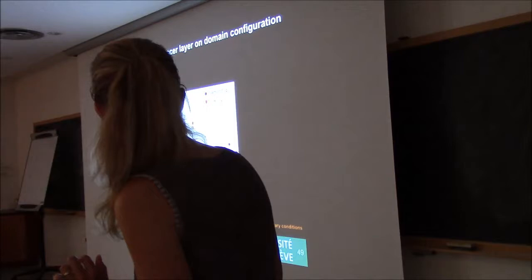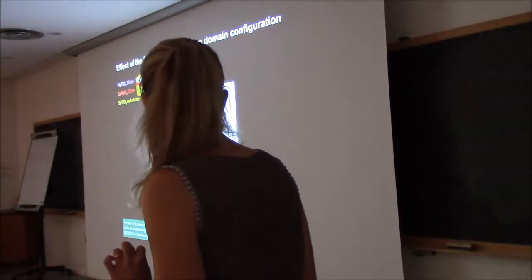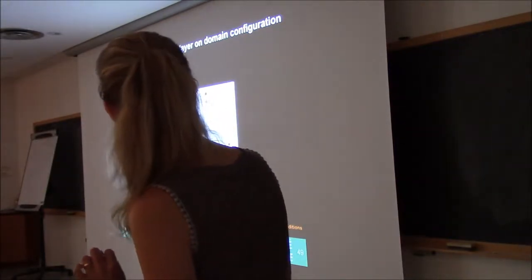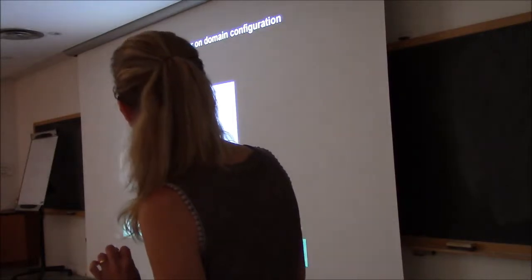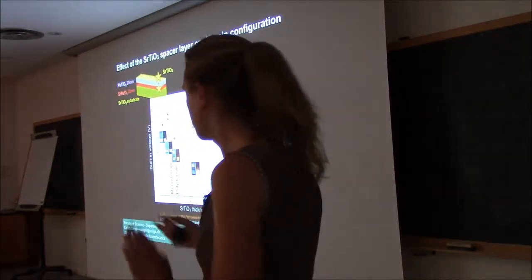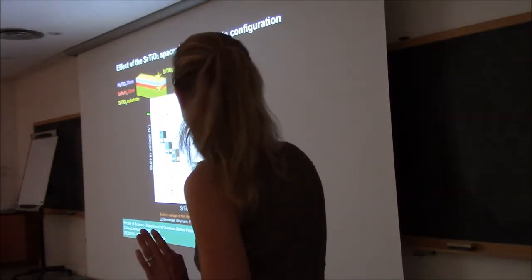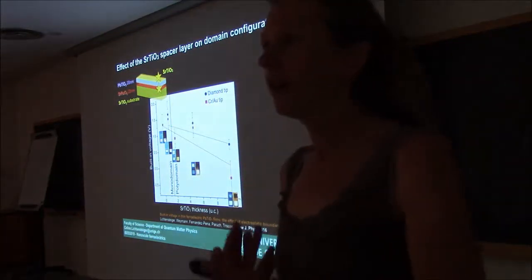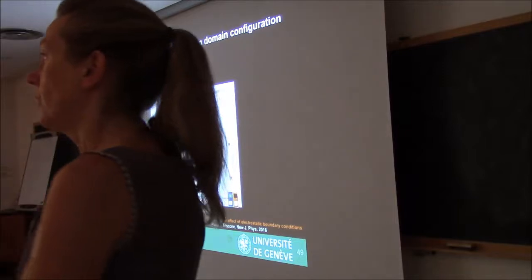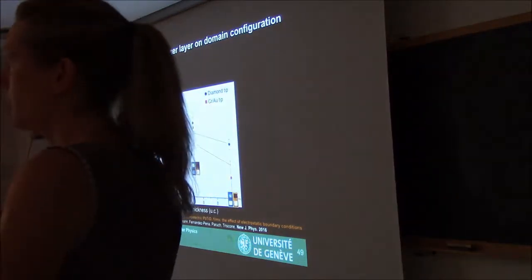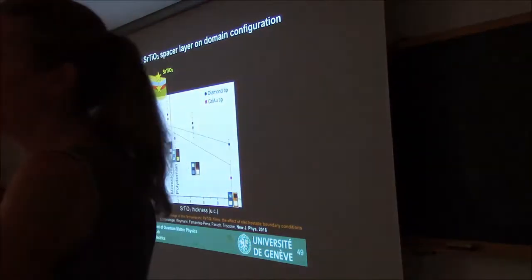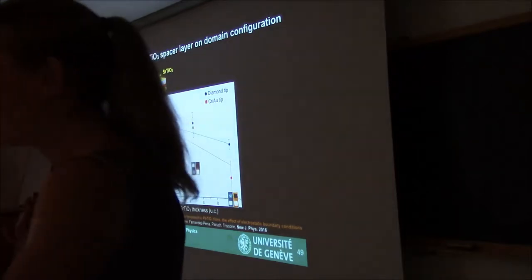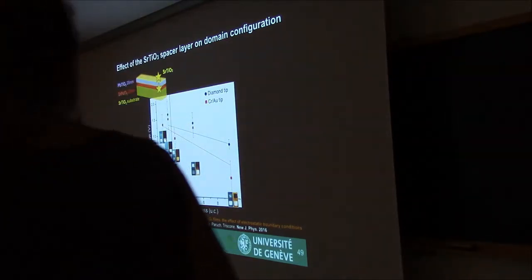And so what we see is that this built-in voltage as a function of the STO thickness is changing. So what we see is that we have a large built-in voltage, so the loop is really shifted when you don't have STO, and when you increase the thickness of this STO spacer layer, you are decreasing the built-in voltage. So that means putting these STO spacer layers increases the depolarization field and decreases the built-in voltage.